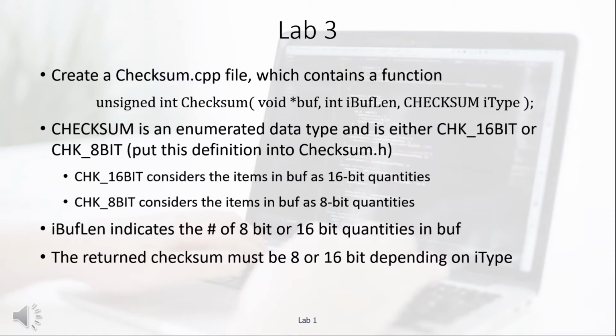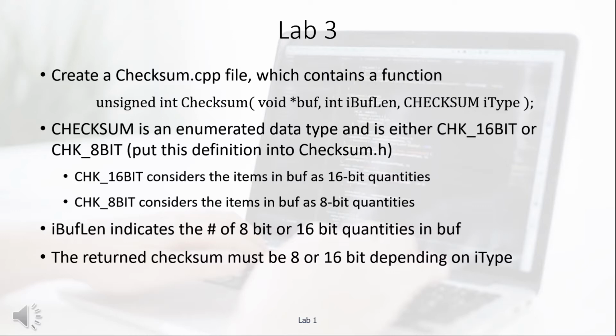The checksum data type is an enumerated data type that's either going to be check 16-bit or check 8-bit. Basically, if it's check 16-bit, then the items in buff are 16-bit quantities. If it's an 8-bit checksum, then they're 8-bit quantities.